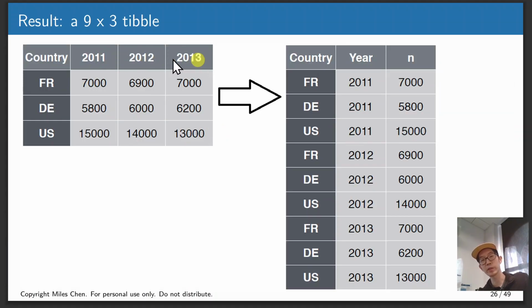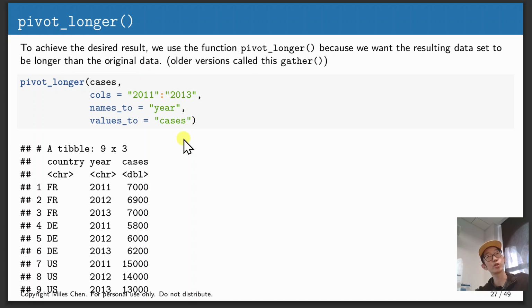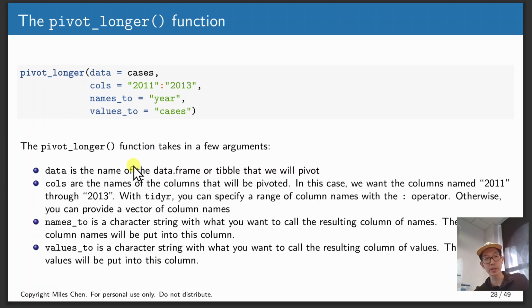We're going to pivot these three columns into one column, okay? When you do that, the names of those columns go into one column, and the values go into another column. Now we have to provide names for what it's going to go into. So the names go into a column, and we're going to call that column year, and the values go into a column, and we're going to call that column cases.